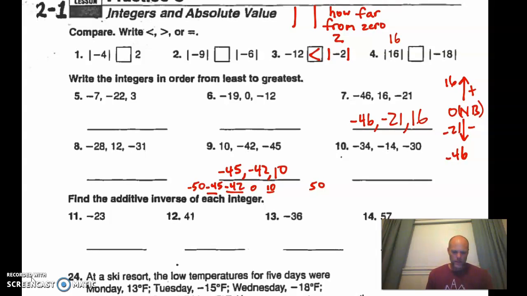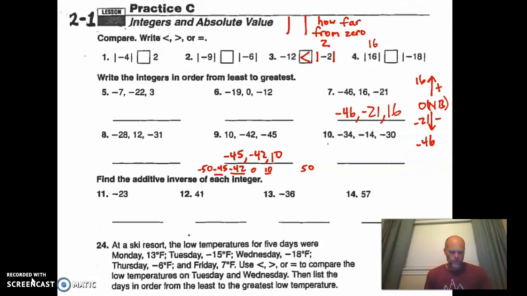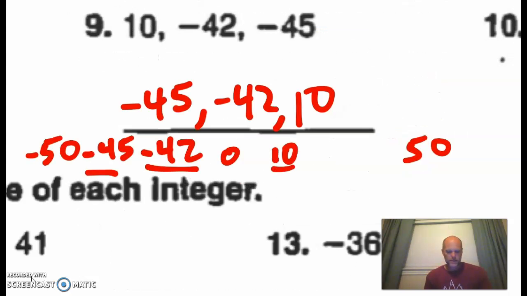Okay? Think of like a fighter plane flying along, and if they get inverted, all they do is just flip upside down. So honestly, what it means is it's just very fancy for the opposite.